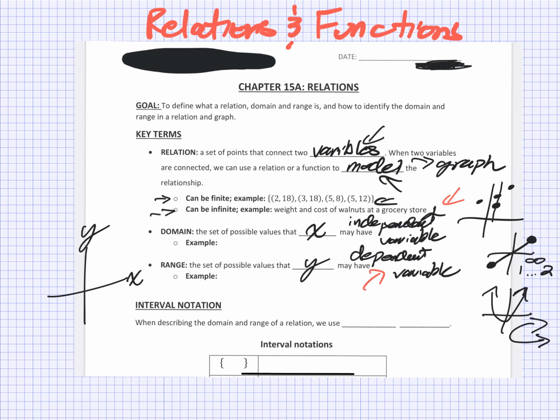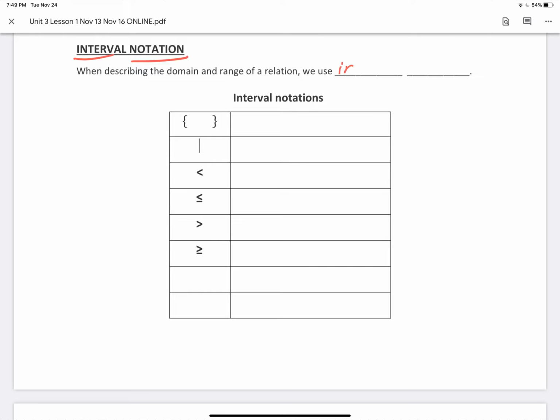We're going to jump to the next page. This would be interval notation. So when describing the domain and range of a relation, we can use lots of different things. I think they're looking for these exact words here. Interval notation. Now, there are a couple different ways to represent interval notation. This here regards the set of something.